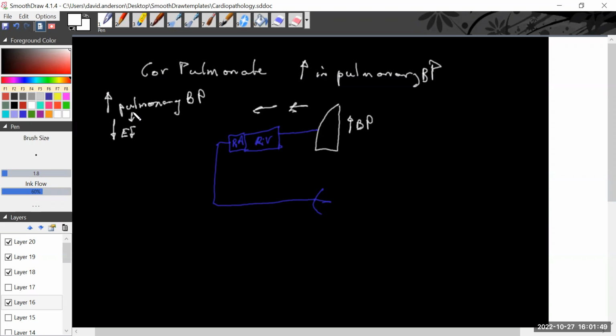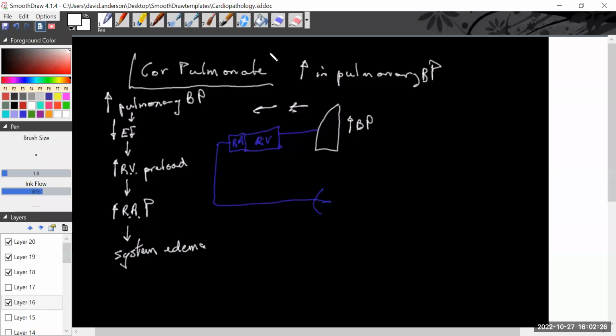A decrease in ejection fraction means an increase in right ventricle preload, and that leads us to an increase in right atrial pressure, and that backs us up into systemic edema. All of this is identical to right-sided heart failure, except that it started with a lung problem.